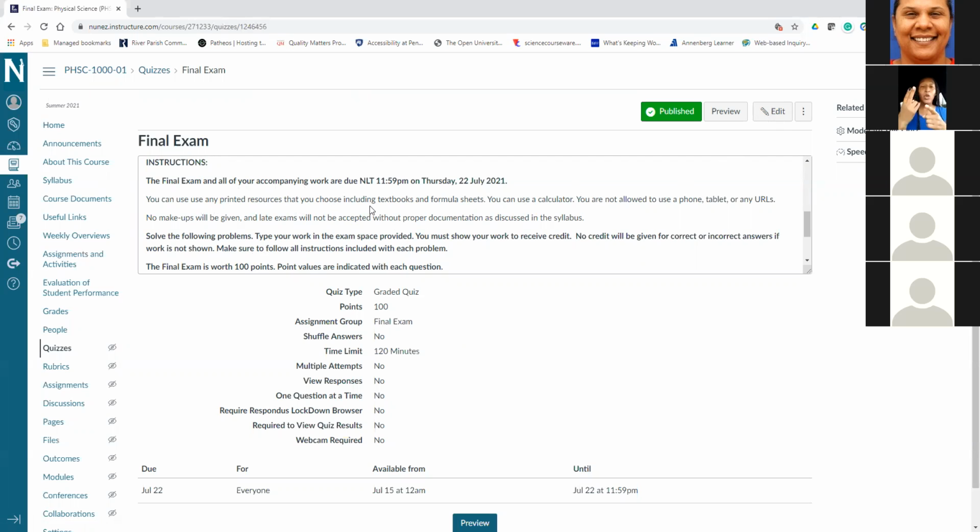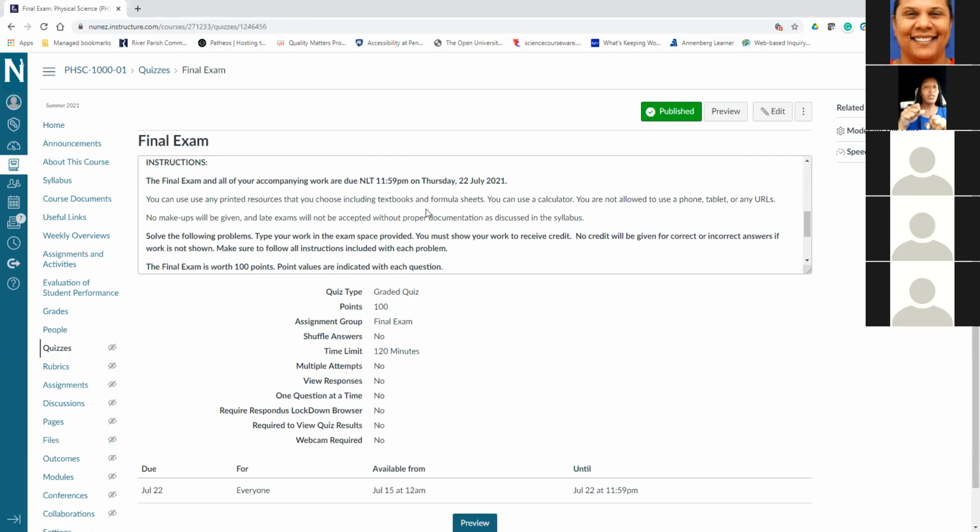You can have a textbook, formula sheets, a calculator, you can print out solutions. Any printed material that you want to use, you can have available for the exam. So if you want to print out my notes, my extra notes, the solutions to the problem sets and discussions, you have access to any of that material, but it has to be printed because you can't use a phone, a tablet, or any websites.